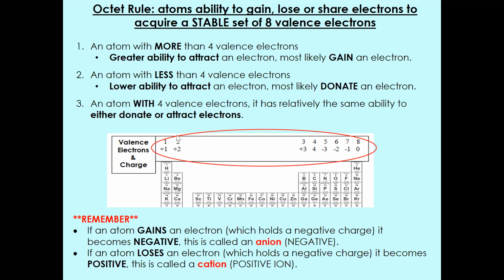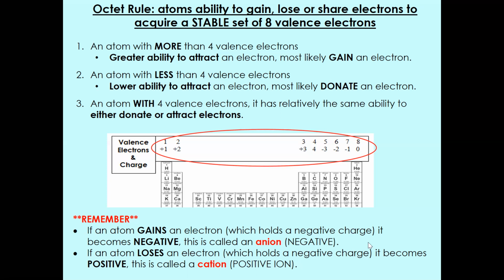The alkaline earth metals have 2 valence electrons that they're going to lose when they become stable, so they will form a +2 charge. Whereas your halogens, for example, have 7 valence electrons. They're going to gain just 1 electron because it's a nonmetal, and that's why they form a -1 charge. Remember, electrons are negative, which indicates if that charge is going to be positive or negative.